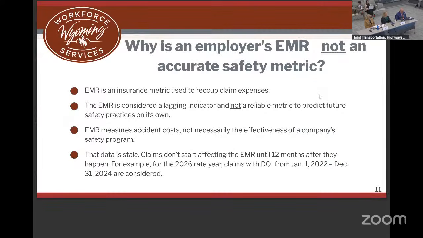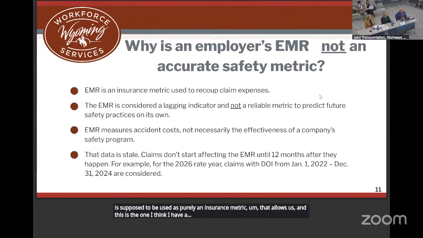Moving on to slide 11. So why is the EMR not a good, accurate safety metric? Again, the EMR is supposed to be used purely as an insurance metric, and there's a little bit of an error on this slide.